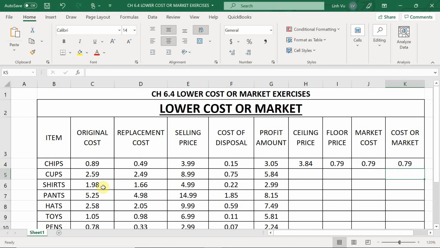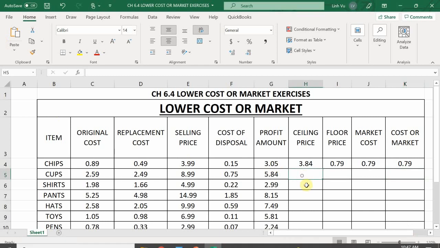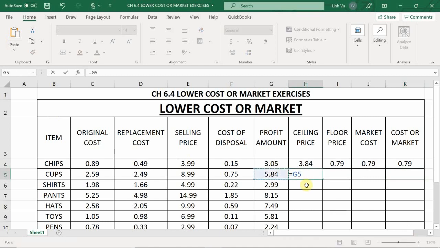And the amount of profit that I want to get out of it is $5.84. So, what is my ceiling price? The 8.99 minus the 0.75, which is $8.24.